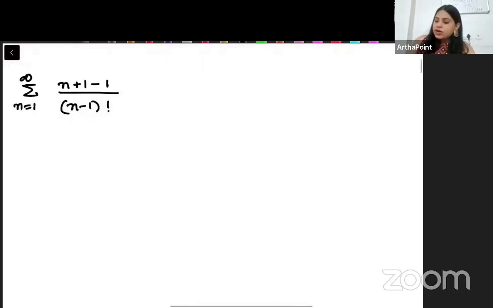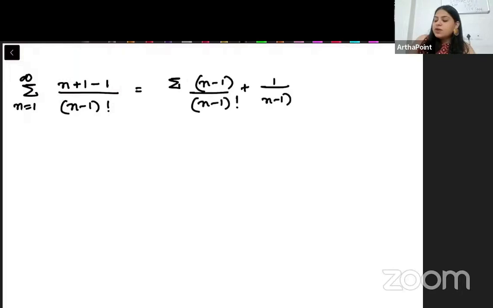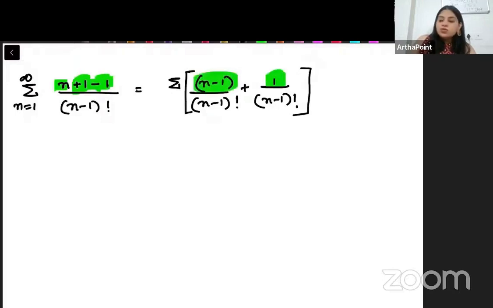Can I rewrite this as the sum of (n minus 1) upon (n minus 1) factorial plus 1 upon (n minus 1) factorial? Kuch nahi kiya maine. I have taken n minus 1 in the first part, and the remaining 1 in the second part, and I'm summing this again from n equal to 1 to infinity. Right? Is this clear?